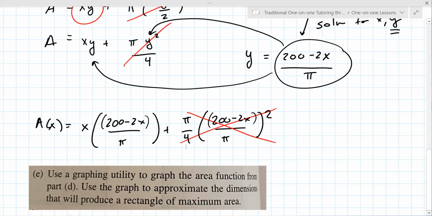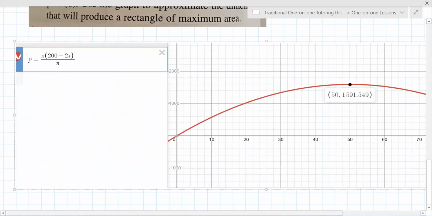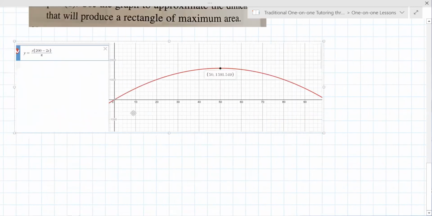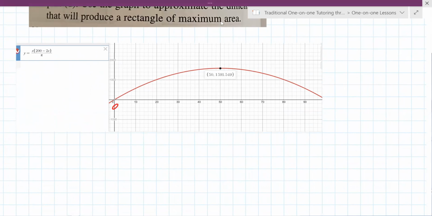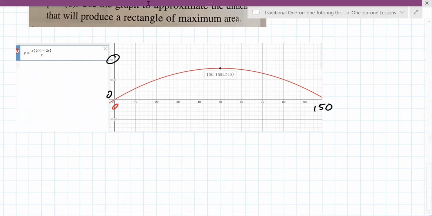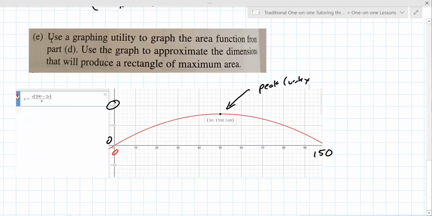So the window here that I used, and that's maybe the hardest part about using your calculator, is you've got to get the right window. I went 0 to 150 to start. And then 0 to, it looks like 2000 is the right number to get that nice fit there. But we only care about that point right there, the peak or the vertex. And that's what they're asking for in part E.